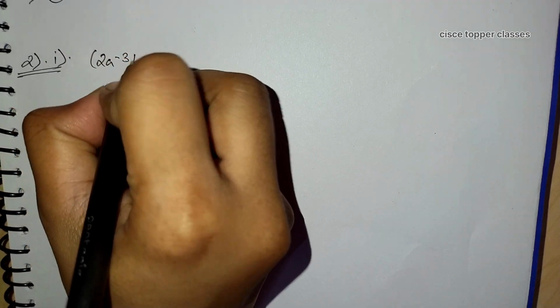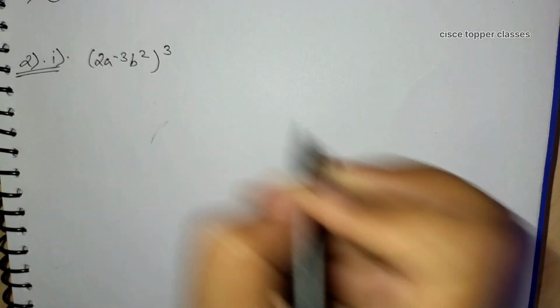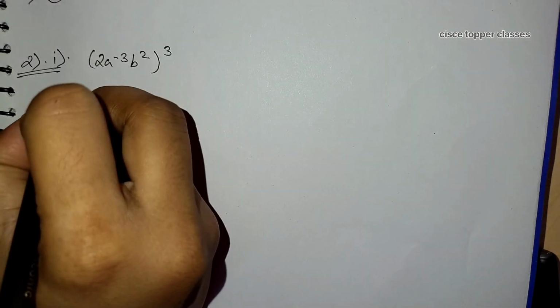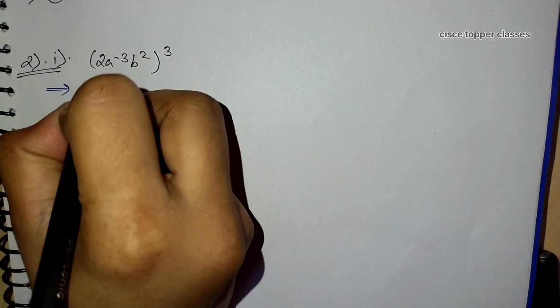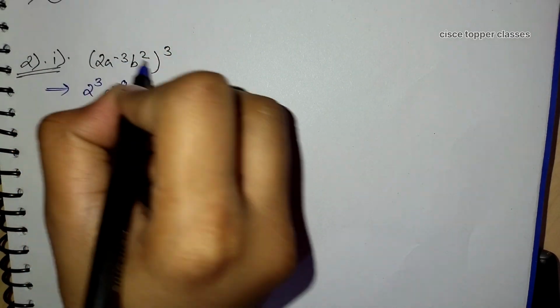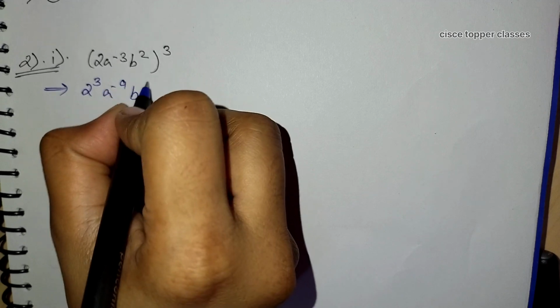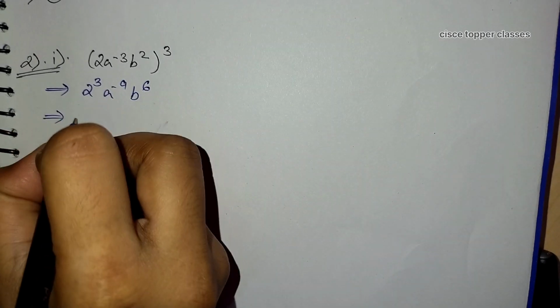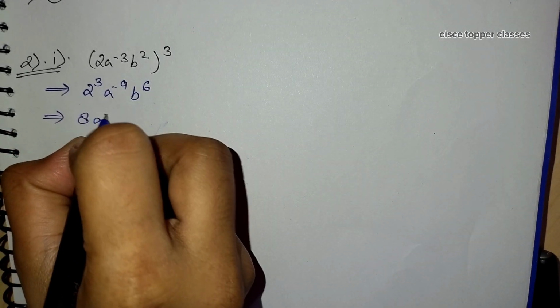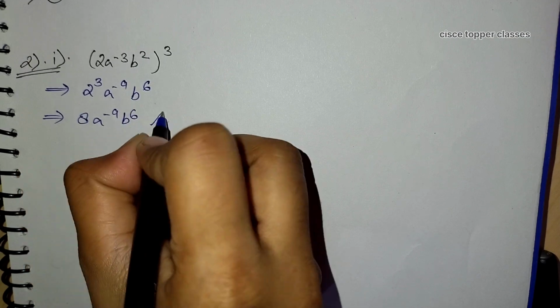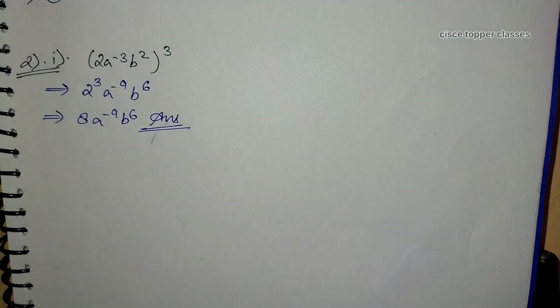Now let us solve question number 2, first part here, which is (2a^(-3)b^2)^3. On solving, 2 to the power 3, a to the power -9 on multiplying and b to the power 6. On simplifying, we will get 8a^(-9)b^6 as the answer here in this question.